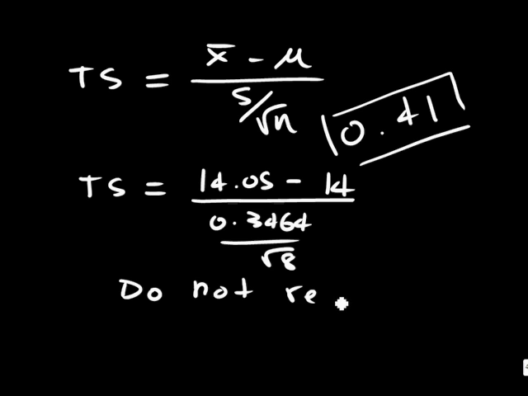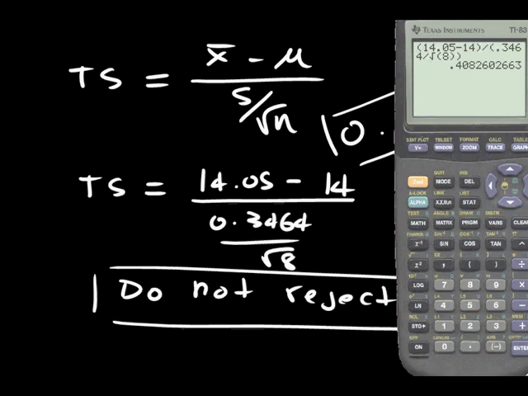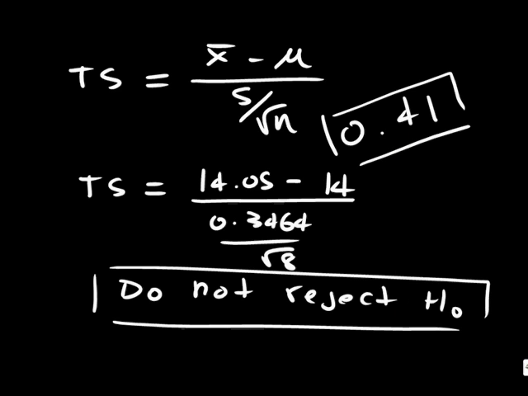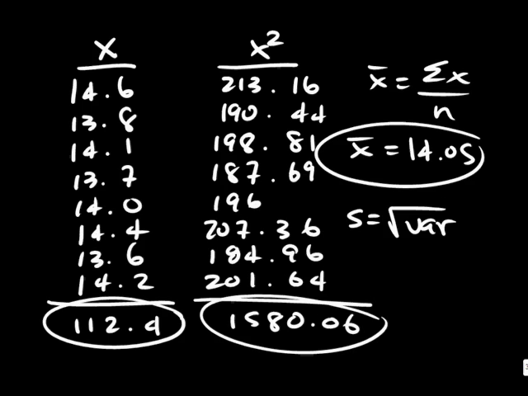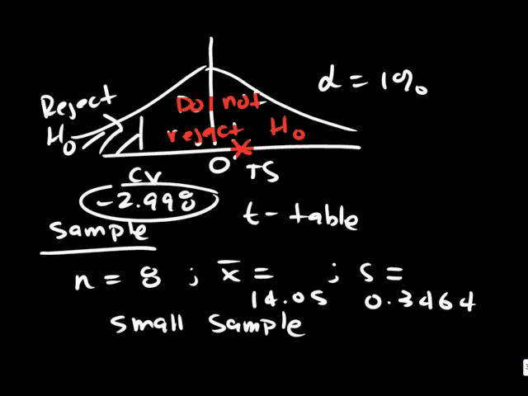Let's go back. Do not reject the null. In some sense, the sample information is saying to us to accept that null.